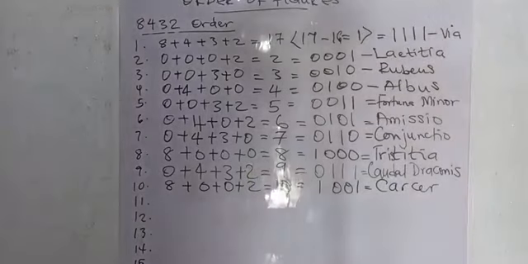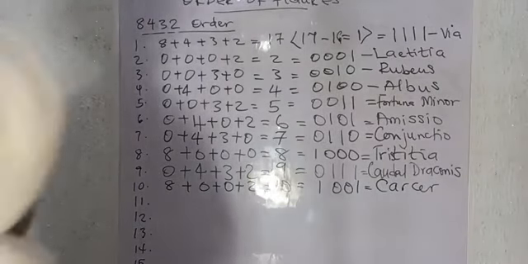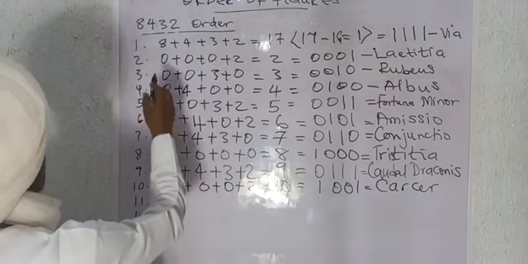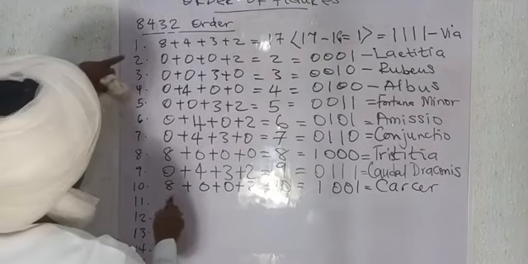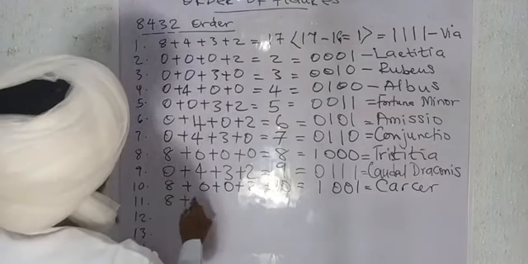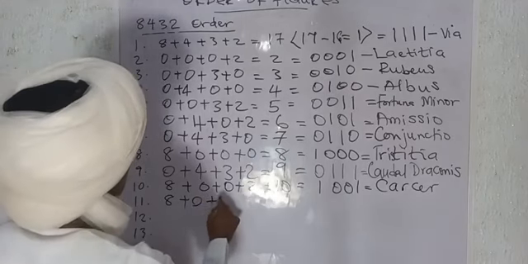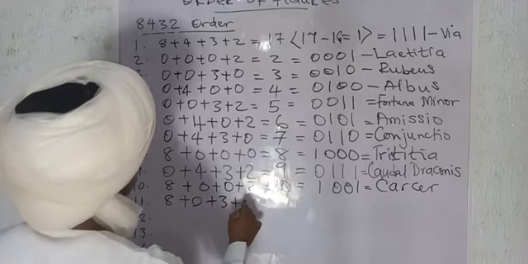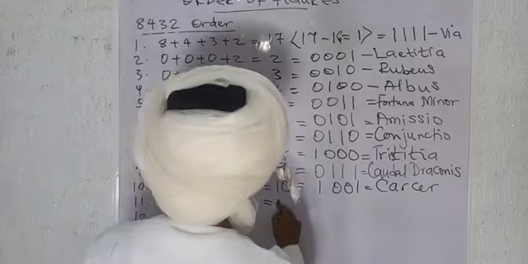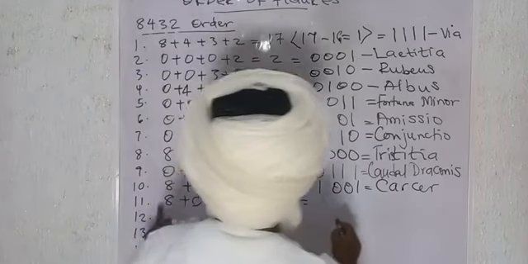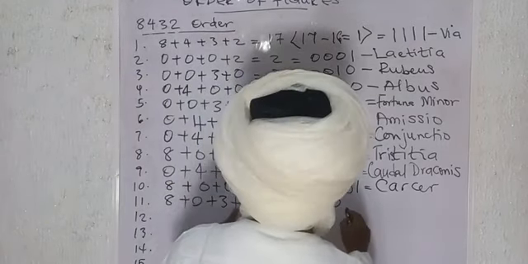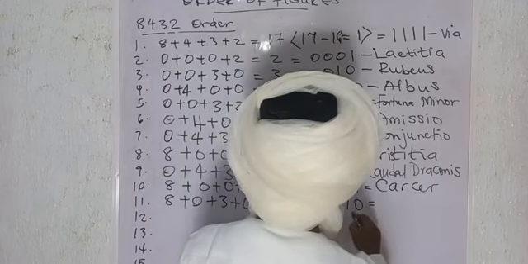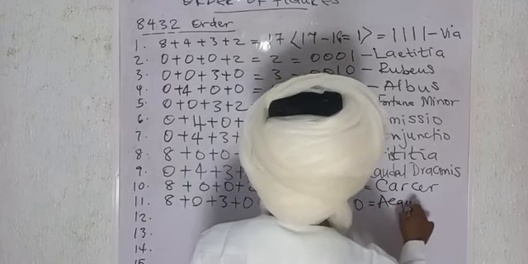Thank you. 8 and 3 will give us 11. So we are opening this level 8 with 0, 4. We open 3 with 0, the level 2. 8 plus 3 gives us 11. So the figure will now be 1, 0, 1, 0. This is called acquisition.